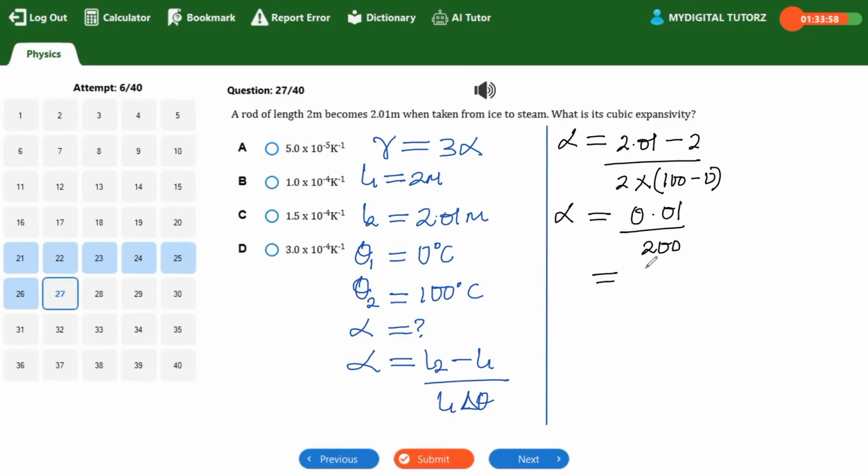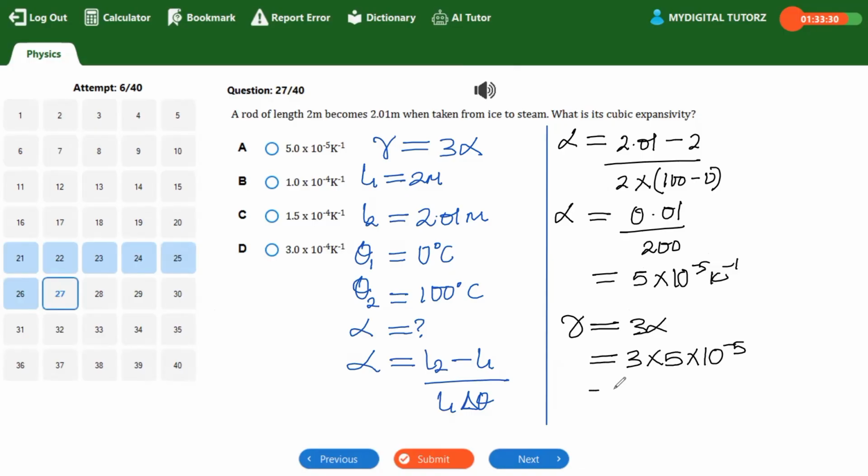So 0.01 divided by 200 gives us 5 times 10 raised to power minus 5 per Kelvin. Then the cubic expansivity is equal to 3 alpha, which is 3 multiplied by 5 times 10 raised to power minus 5.